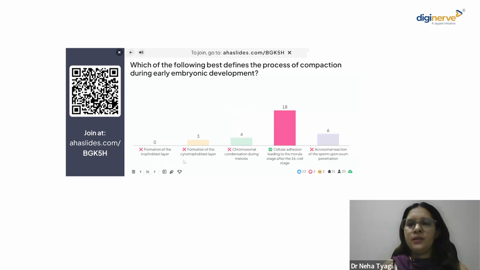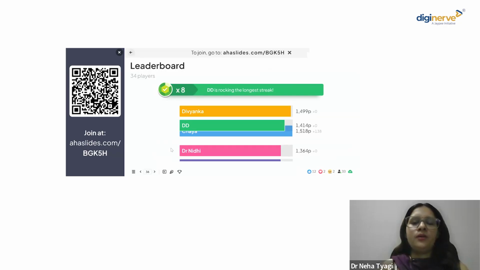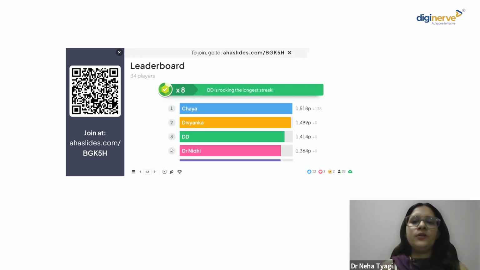So 18 have marked it correctly. It's cellular adhesion leading to the morula stage after the 16 cell stage. Let's see the positions on the leaderboard. Dr. Didi is rocking the longest streak. Oh, Dr. Chaya is now leading the leaderboard.